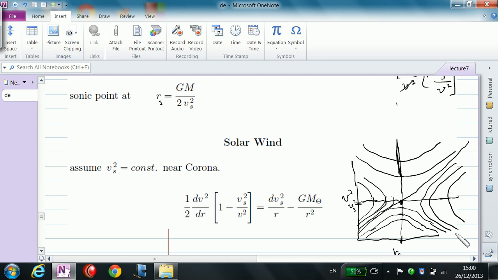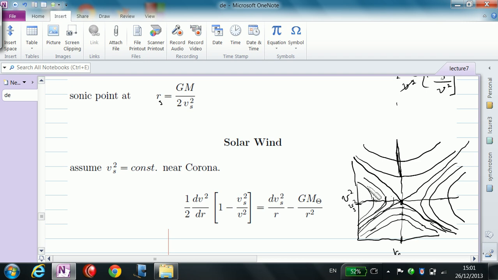And you can also have this solution where it accretes subsonically and passes through the critical point.